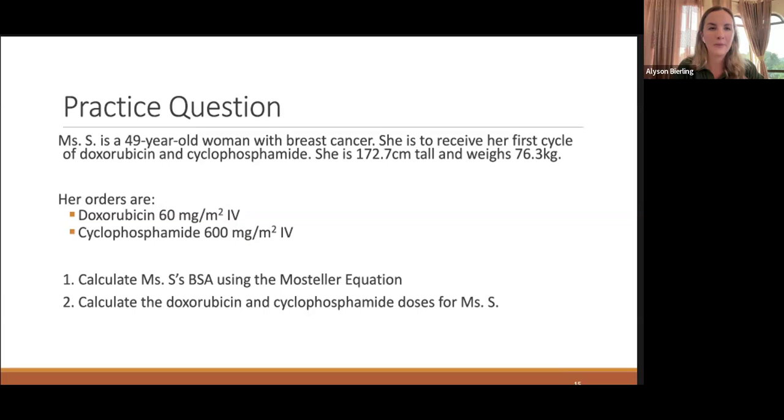We'll use our body surface area to calculate the dose that our patient should receive. I'll give you another 1 or 2 minutes to do step number 2.